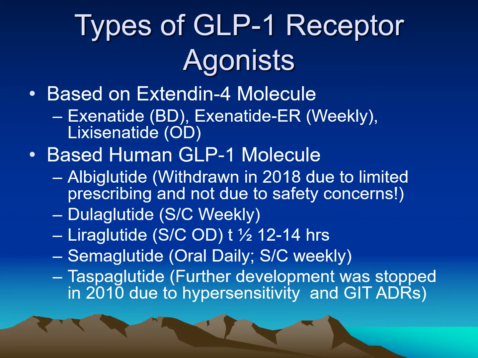Among the GLP-1 structural modifications are albiglutide, which was developed but withdrawn due to limited prescribing, and then came dulaglutide, liraglutide, semaglutide, and tuspeglutide, which came up in 2001, but because of unwanted effects, that development was stopped. So today we have 3 important drugs: semaglutide, liraglutide, and dulaglutide. They are usually longer acting, but oral semaglutide will be a daily acting drug because of short half-life.